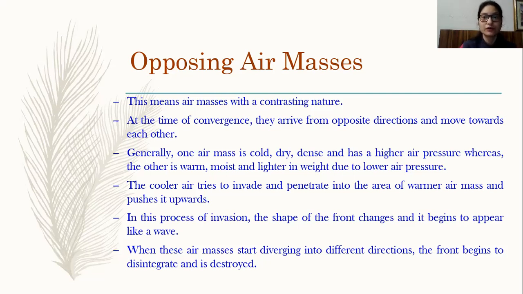Another thing about cold air masses is that they have a higher pressure because they are dense. They have a higher volume. They tend to settle downwards. They tend to move downwards because of their heavier weight. They exert a heavy pressure. That means they exert a higher pressure on the surface of the earth.